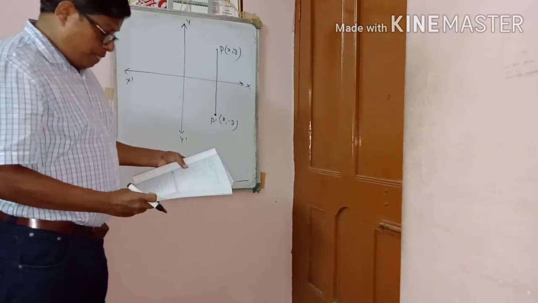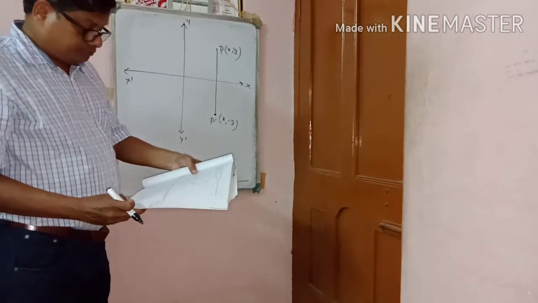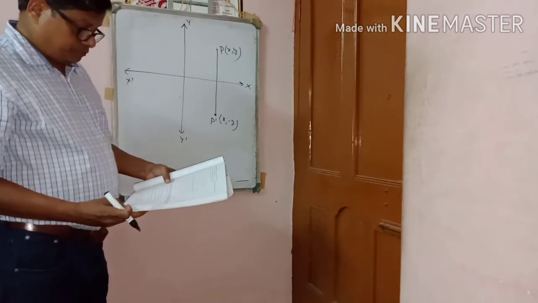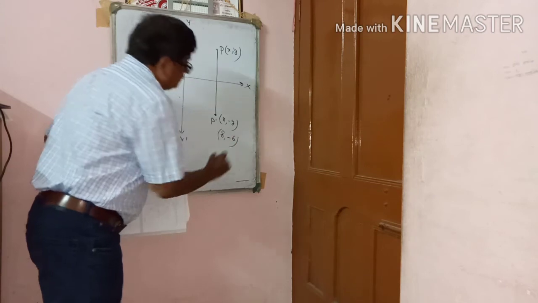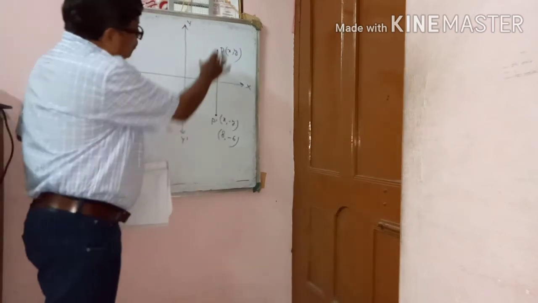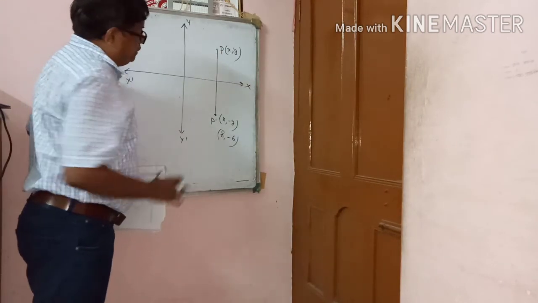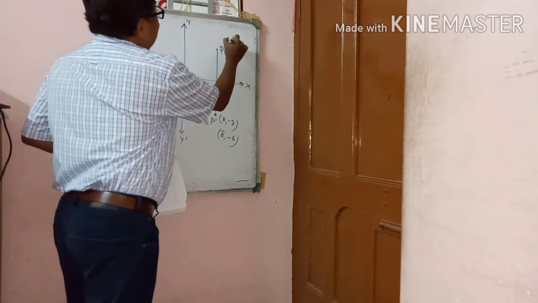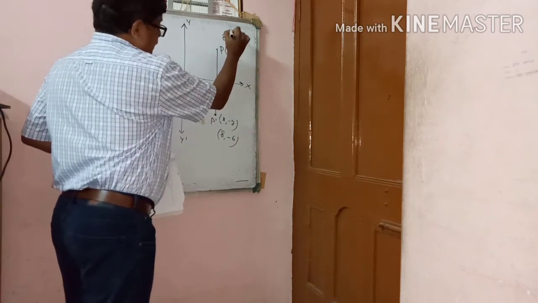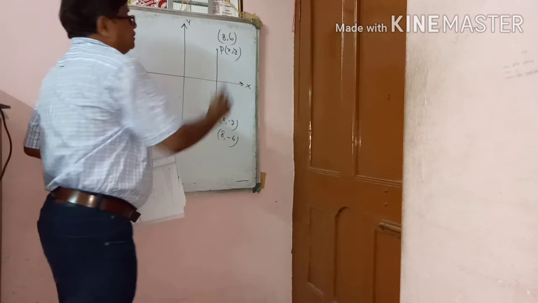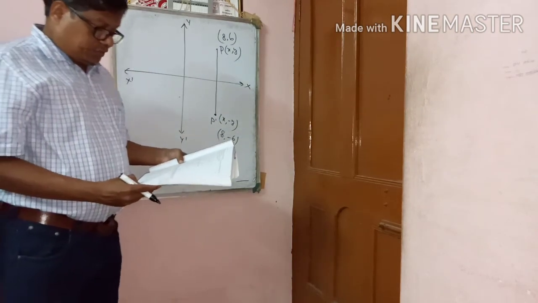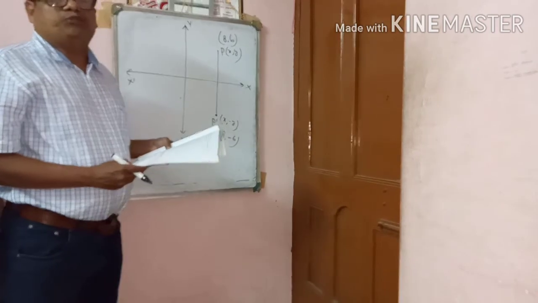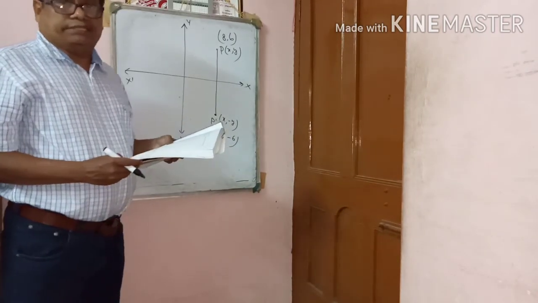Here it is given (8, minus 6). If you compare, the value of P is x equal to 8 and y equal to 6. The coordinates of P will be (8, 6).